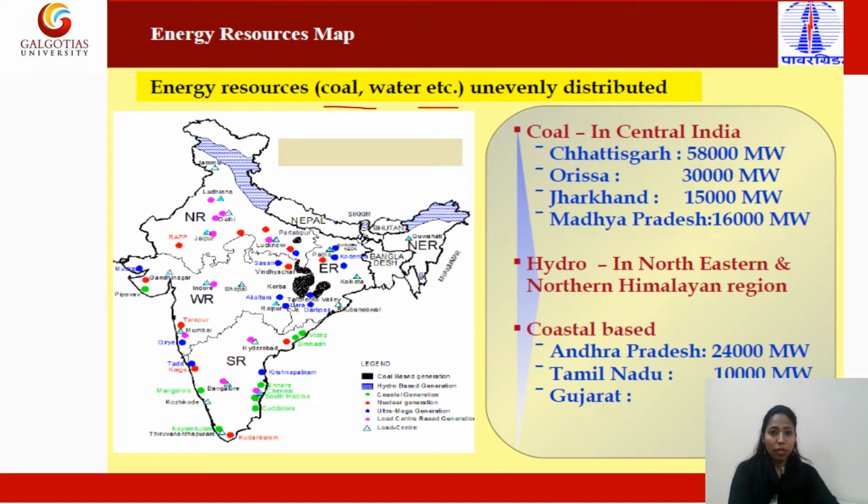Coal centers in India are Chhattisgarh, Odisha, Jharkhand and Madhya Pradesh. In the case of hydro, the northeastern and the northern Himalayan regions are the sources of hydro energy. Then coastal based we have Andhra Pradesh, Tamil Nadu and Gujarat. So the different energy sources are distributed in India at different places.